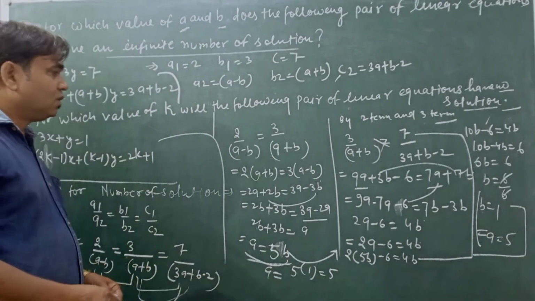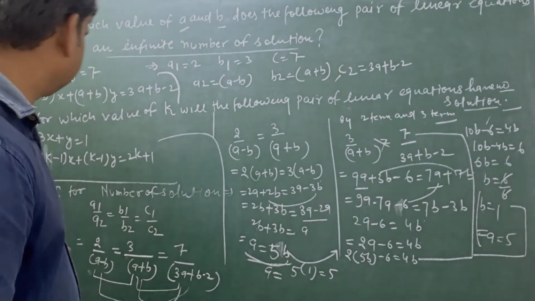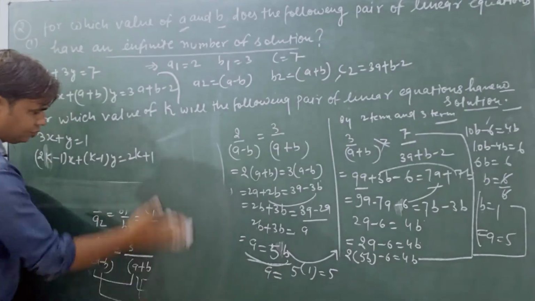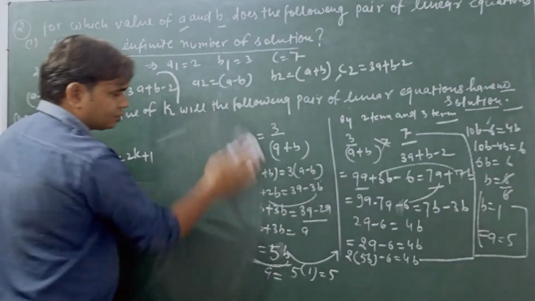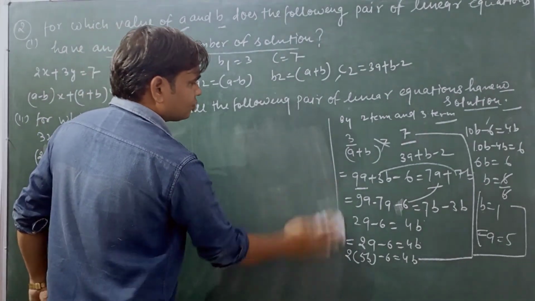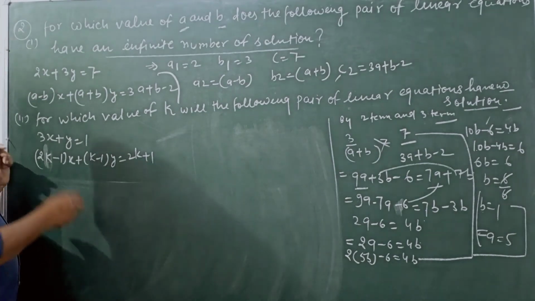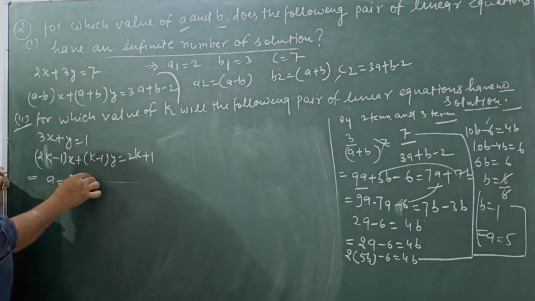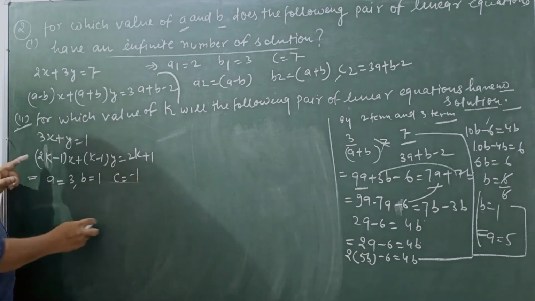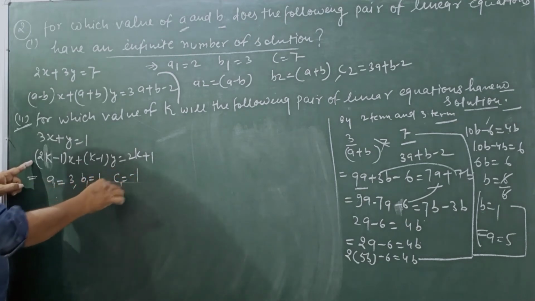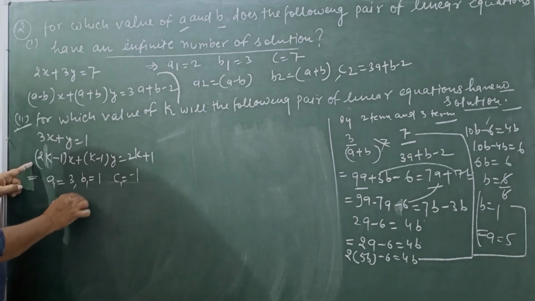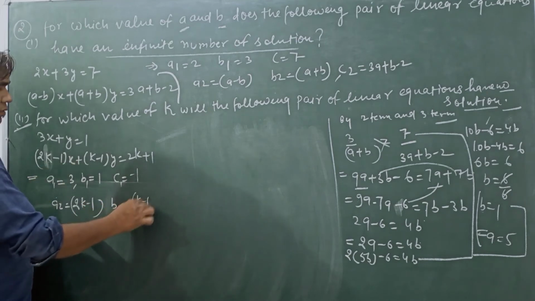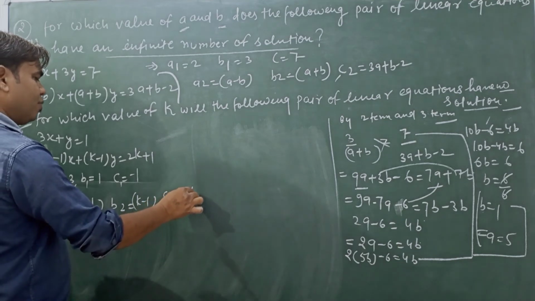In the second part, a1 equal to 3 and b1 equal to 1 and c1 equal to minus 1, and a2 equal to 2k minus 1 and b2 equal to k minus 1 and c2 equal to 2k plus 1.